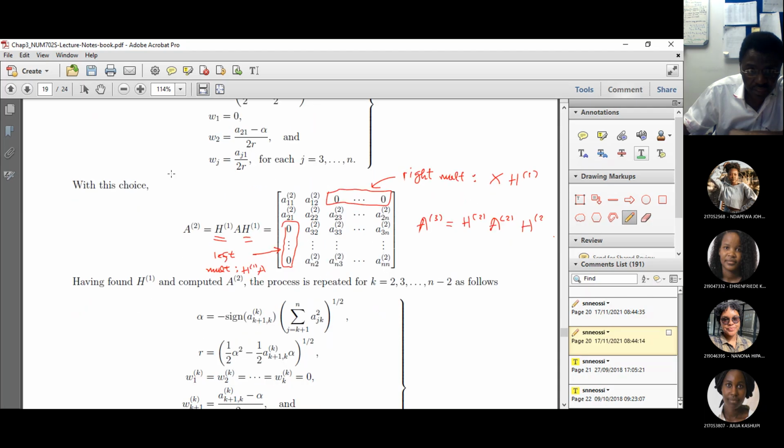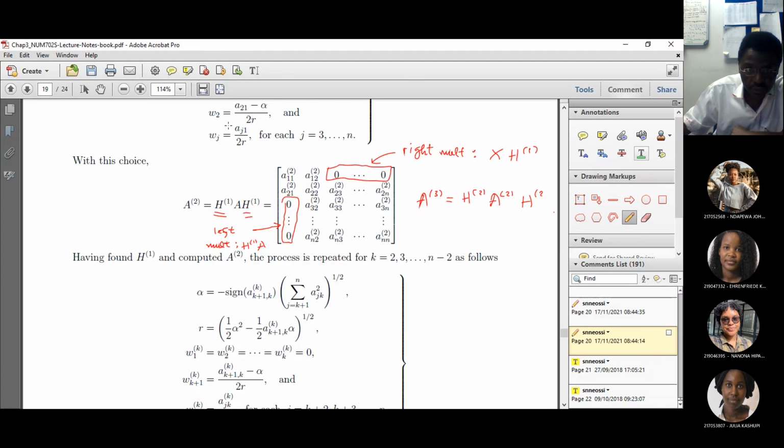Now W1. From W1 up to WK is set to 0. So if K is equal to 1, we only have one W1, which is 0, exactly what we have there. Now W2, starting from 2, W2 is this ratio. Here K is 1, so if I substitute 1 here, that would be that same A, which is A21, minus alpha by 2R, exactly the same.